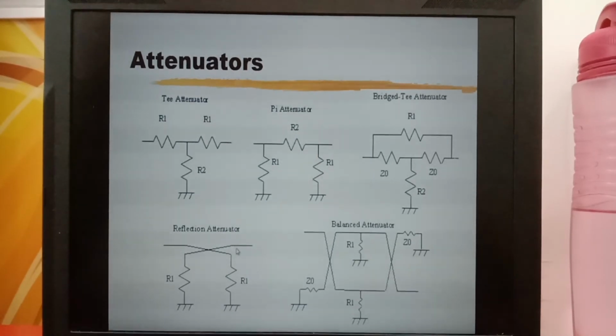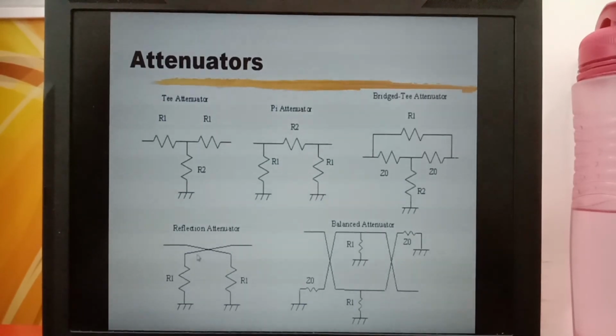So whether the reflected signal is in phase or out of phase depends on the value of R1, whether it is larger than the characteristic impedance or smaller than the characteristic impedance.